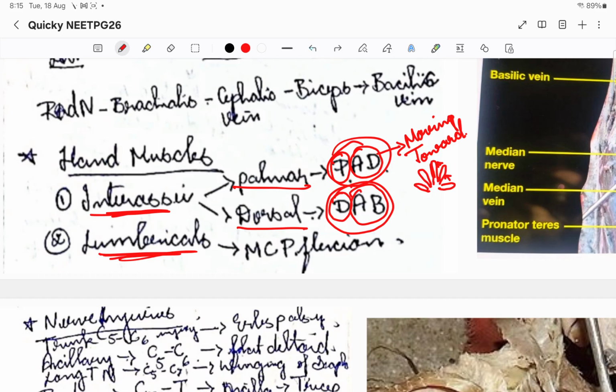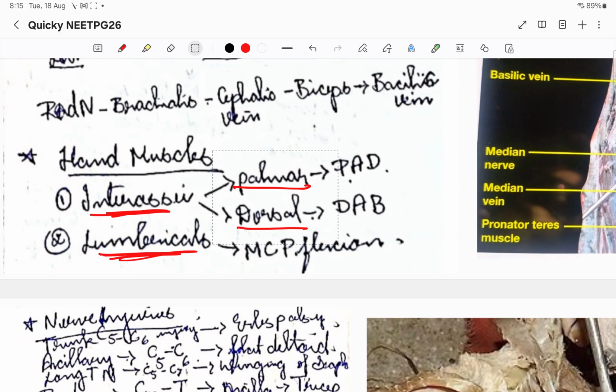If the movement is away from the middle finger, it is called abduction. The palmar interossei give the action of adduction, whereas the dorsal interossei give abduction. That is all you have to remember with respect to the interossei muscles.